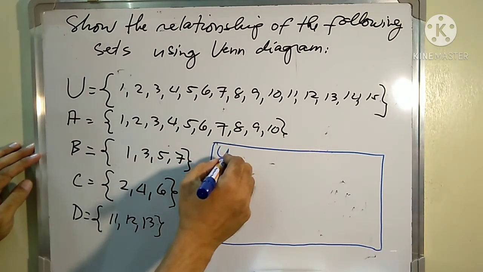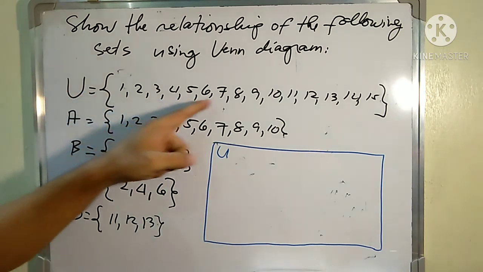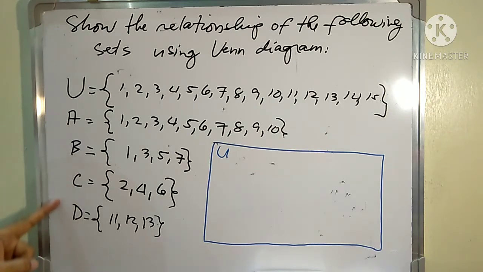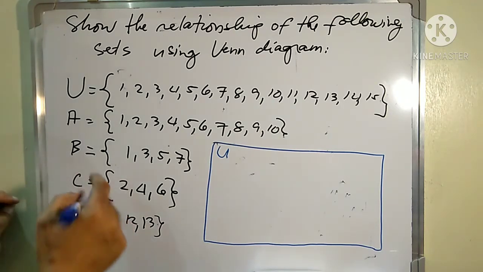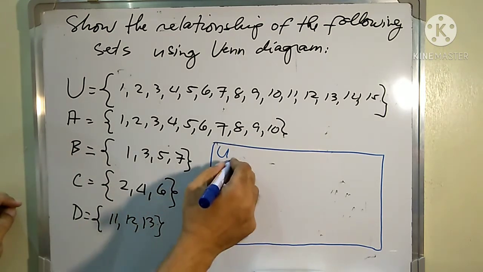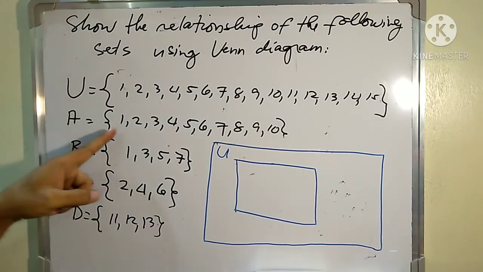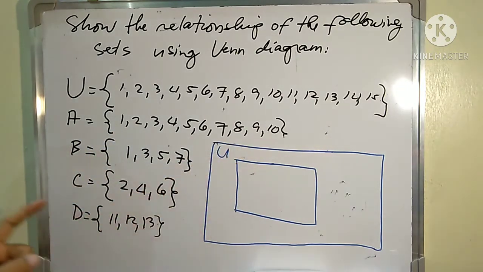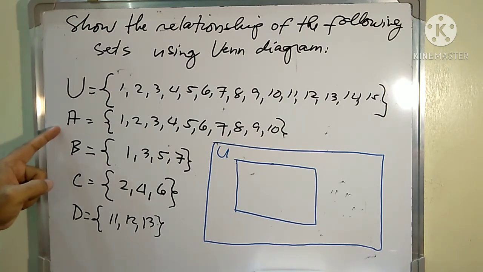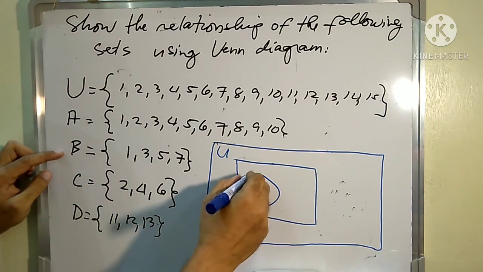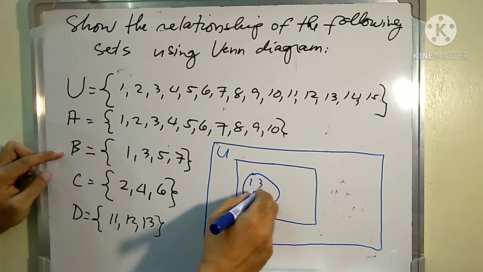So this is our set U, and we do not yet write all the elements because we have to consider other subsets A, B, C, and D. Now let's take A. So A has elements from 1 to 10, but we do not write it yet because we have B and C common to A. Let's take B first, whose elements are 1, 3, 5, and 7.